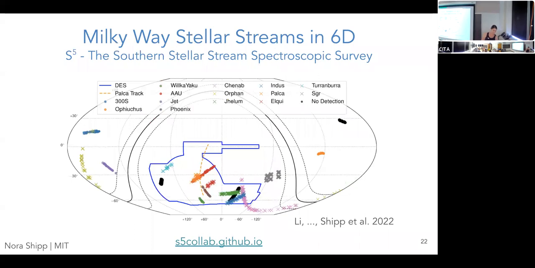Okay, so for the rest of the talk, I mostly want to focus on these streams at a population level. This is the figure that I showed before, showing some of the streams that we've observed with S5. Now we have radial velocities, proper motions, distances, and metallicities for all of these streams. So we can infer a lot of their properties that we couldn't before.